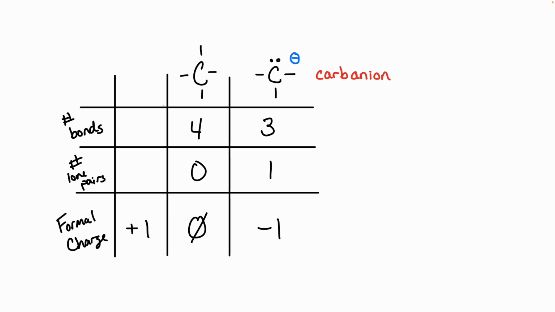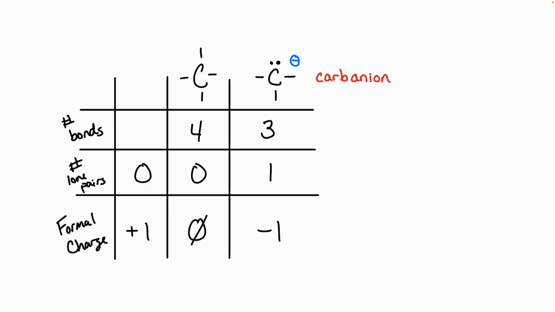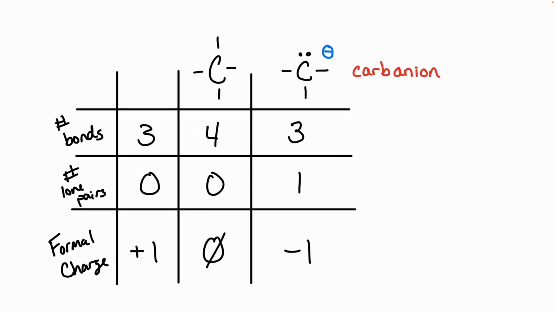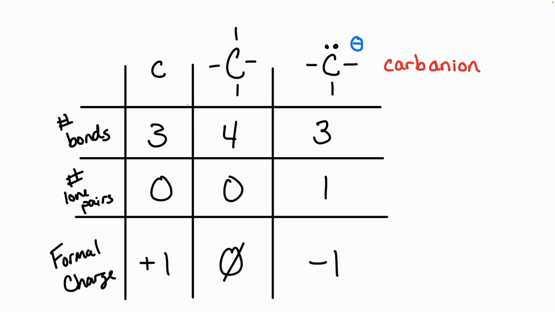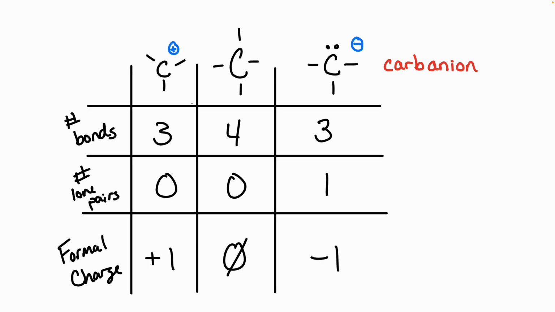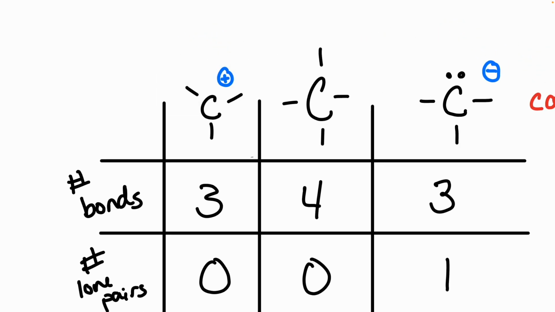This is a carbon that has no lone pairs, but only has 3 bonds associated with it. Again, we got a fancy terminology for this thing. Because it's a positively charged carbon, this is what we call a carbocation.